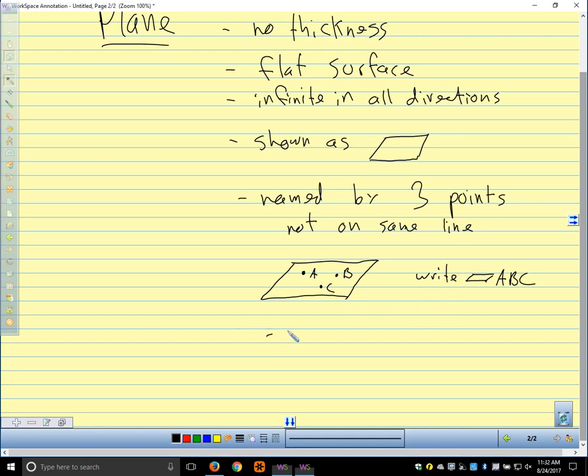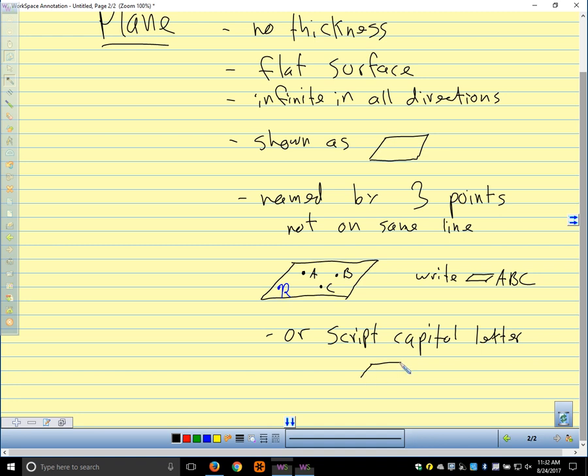And I'm going to say, or script capital letter. So I'm going to put a capital R here in the corner of the plane. So this script R is not naming a point.